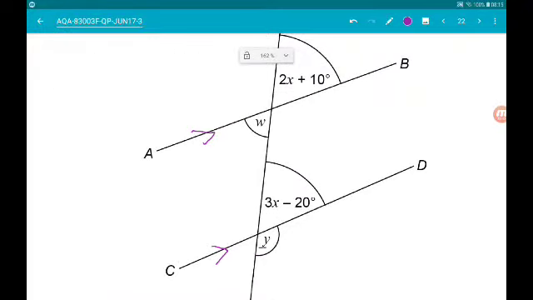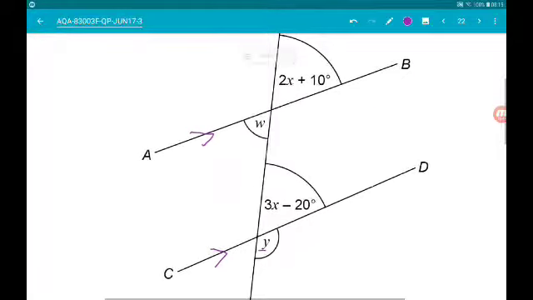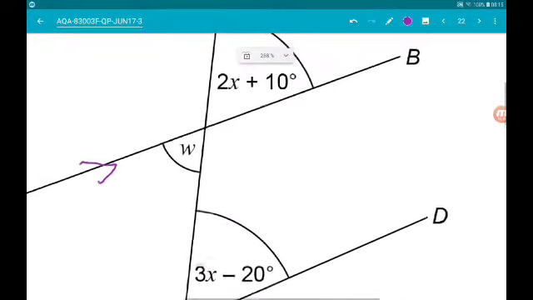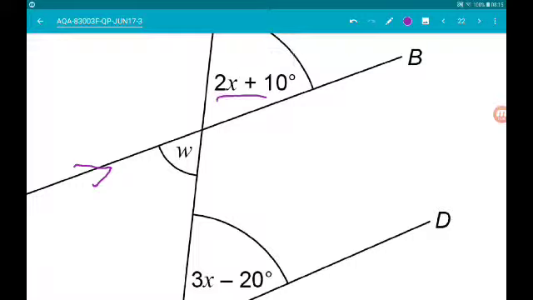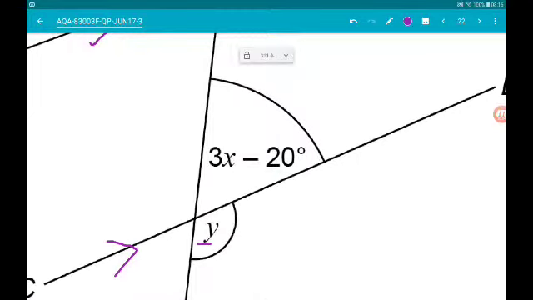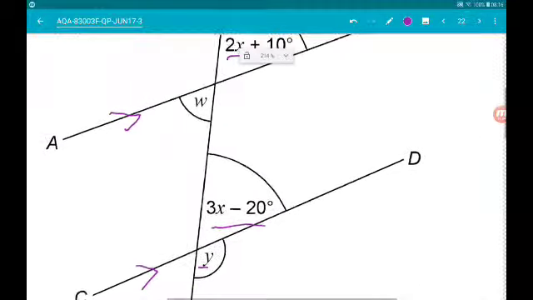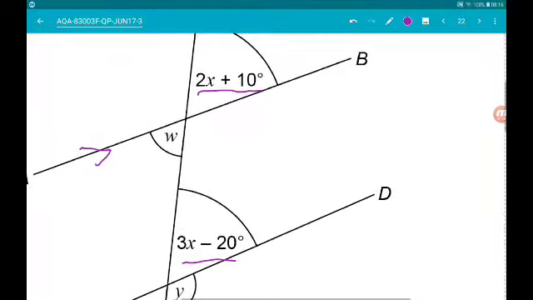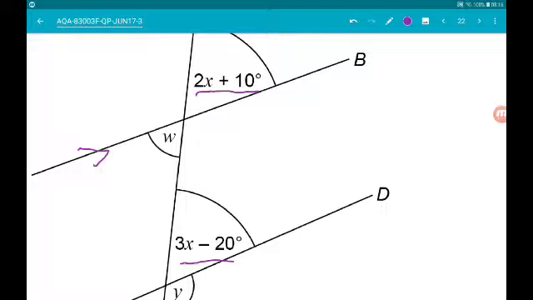Okay, so angles between parallel lines. Well, we know that 2x + 10 is a corresponding angle to 3x - 20. Now, corresponding angles are equal. In maths, if things are equal, then we can form equations.